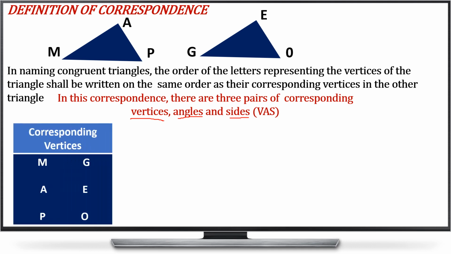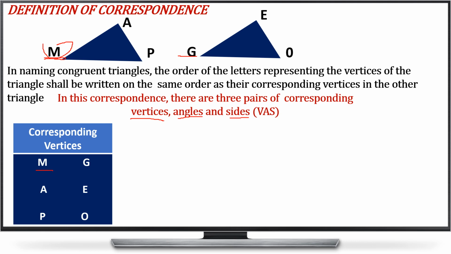Let's proceed to find their vertices. We just simply, tulad ng ginawa ko kanina, find the corresponding parts of vertex M to the other triangle. So, ang kanyang corresponding part, same position, magkapare sila ng pwesto sa other triangle, that is point G.